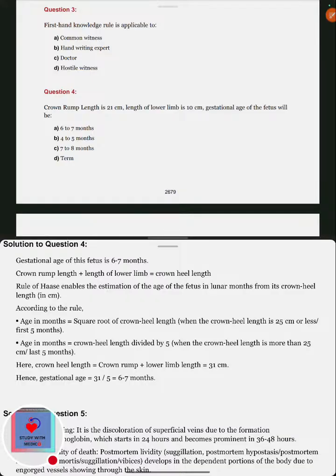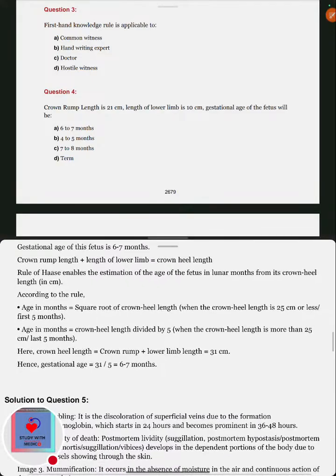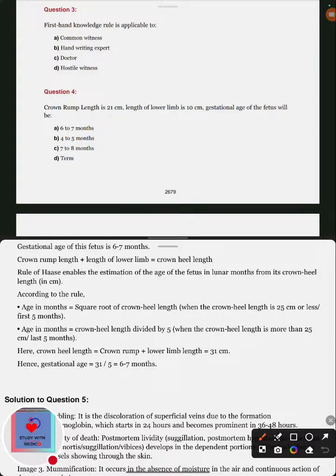Crown rump length plus length of lower limb gives crown heel length, which you can directly find out: 21 plus 10, 31.